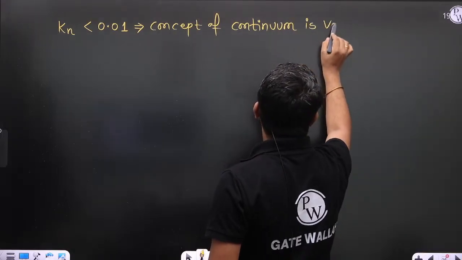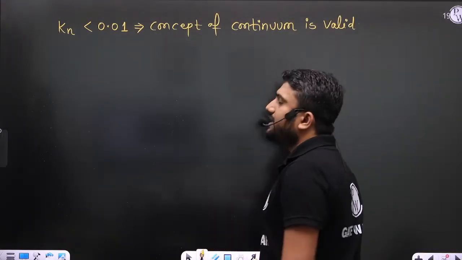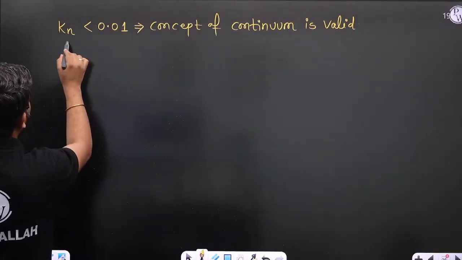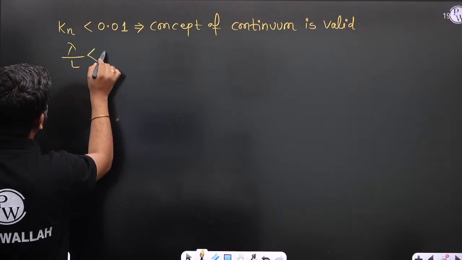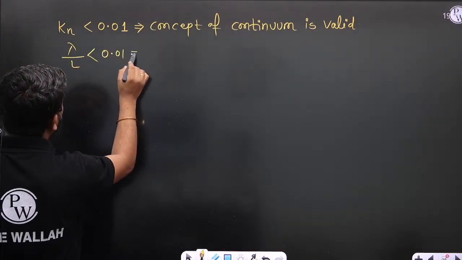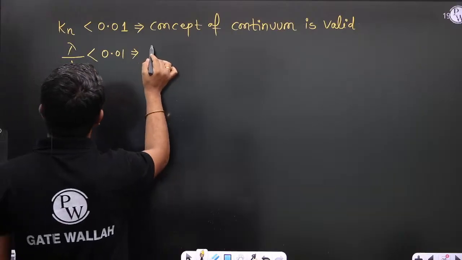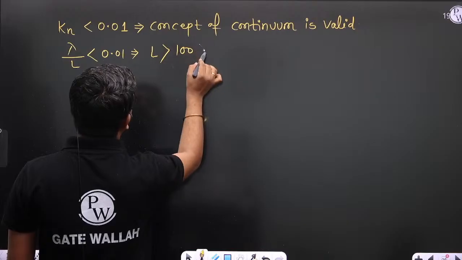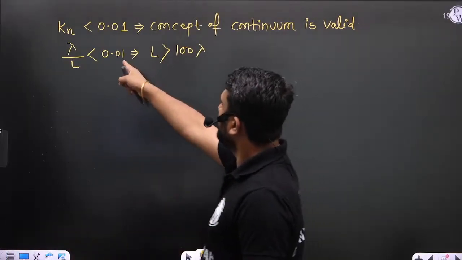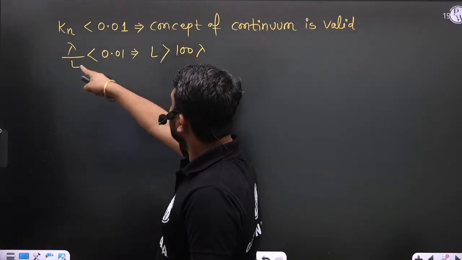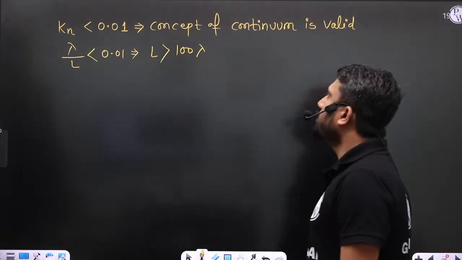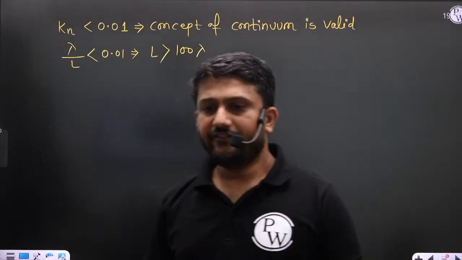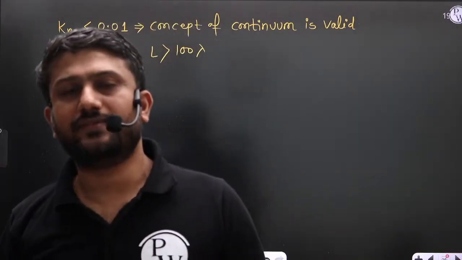Non-continuum number less than 0.01 means, see, lambda by L is less than 0.01, or we can say L is greater than 100 times lambda, if the physical size of the system is greater than 100 times lambda.